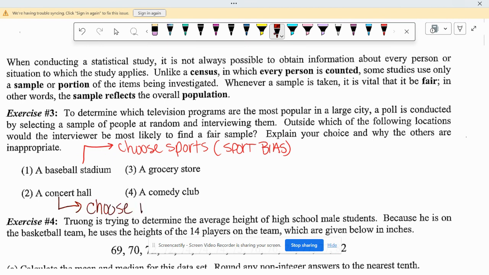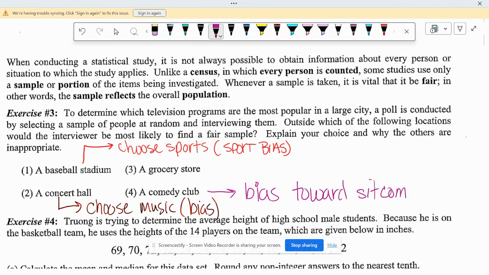Yeah, choose music. So they have a bias towards music. Yeah, so someone outside of a comedy club probably is going to have a bias towards a sitcom or some comedy show.